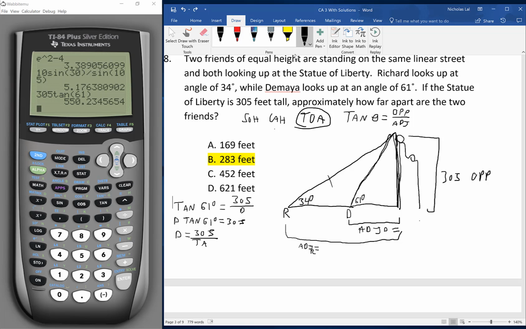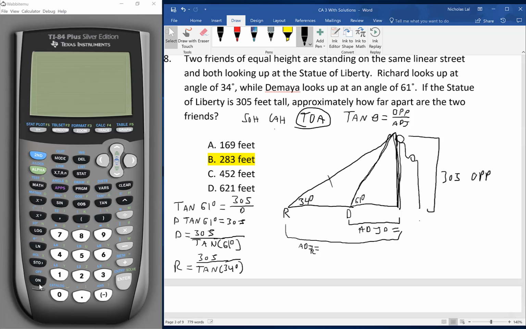305 over the tangent of 61 degrees. And by the same logic, R would be equal to 305 over the tangent of 34.